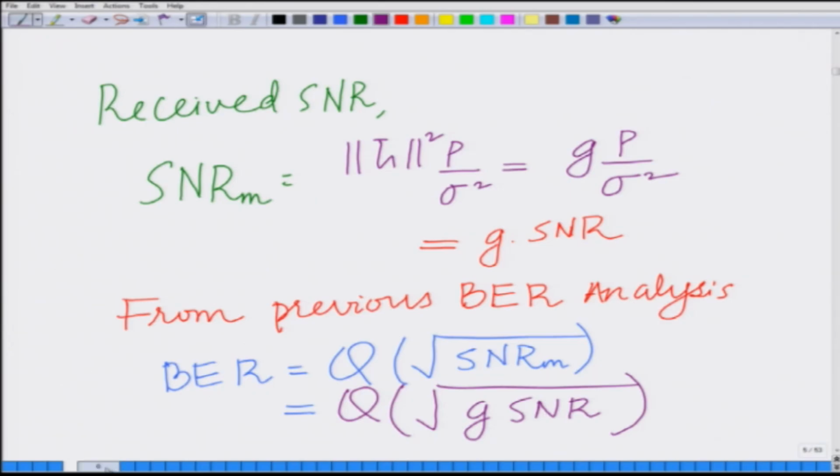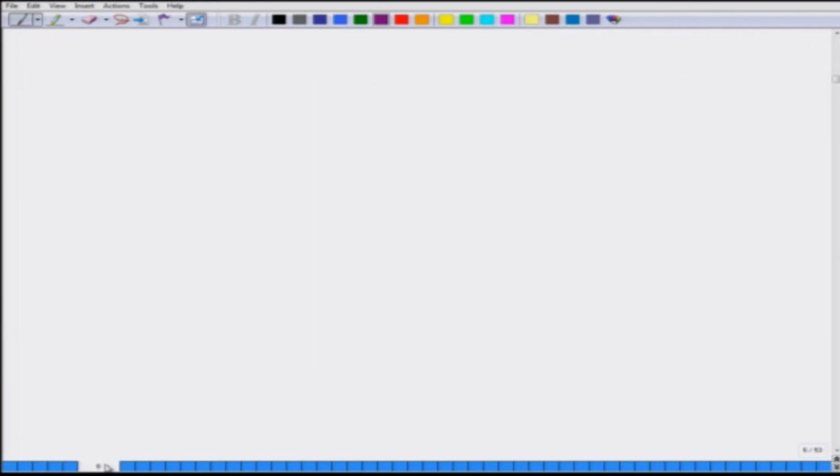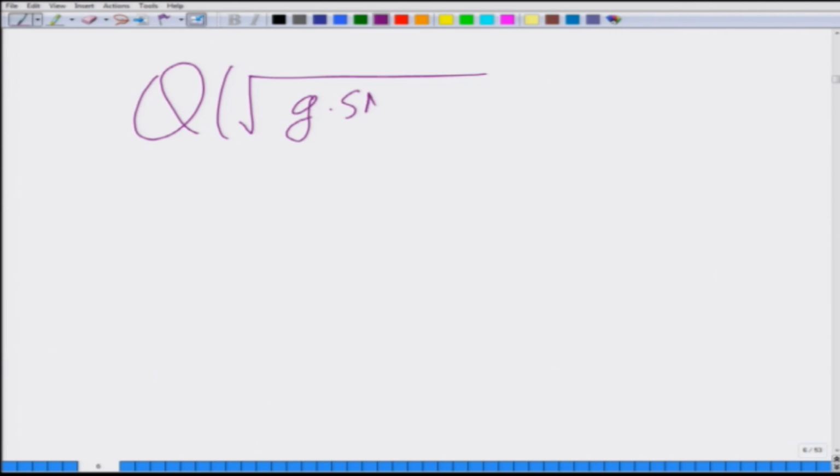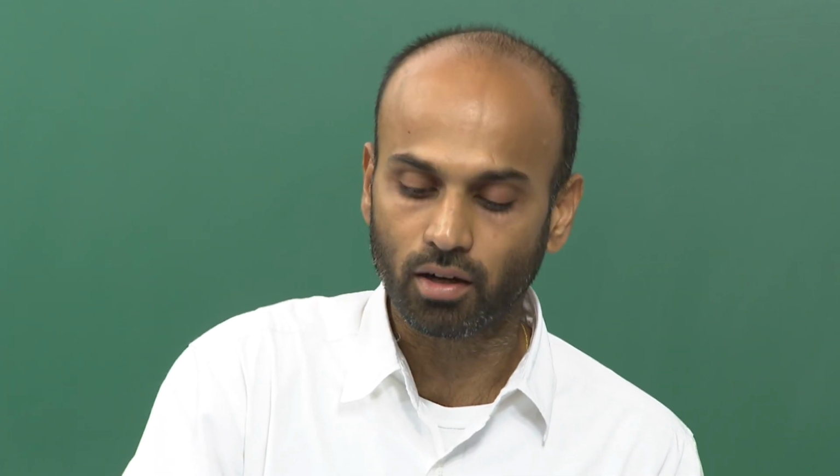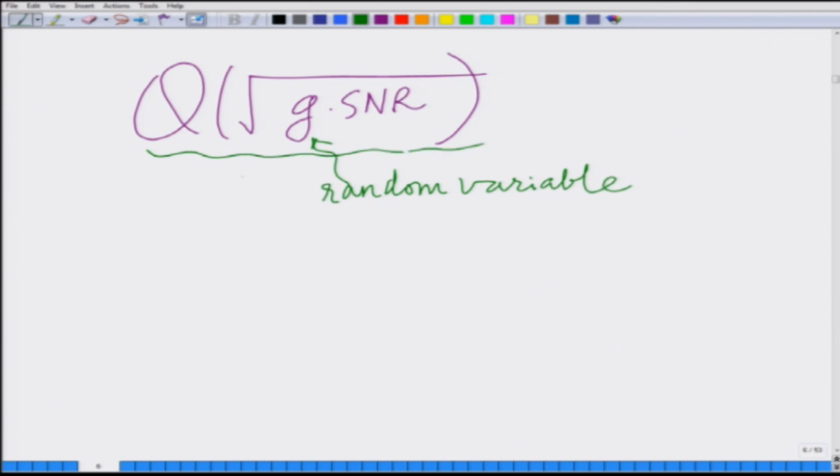Now if you look at this expression Q of square root of G times SNR, you can see that this G is a random quantity. This is a random variable. So we have to average with respect to the distribution of this random variable to get the average bit error rate.